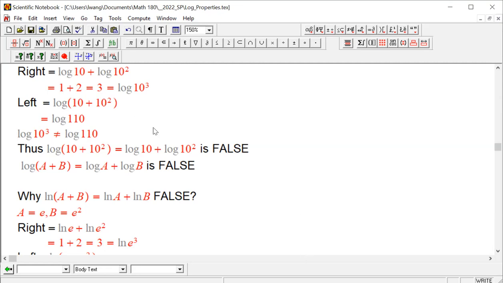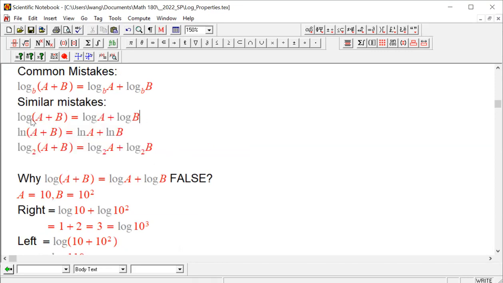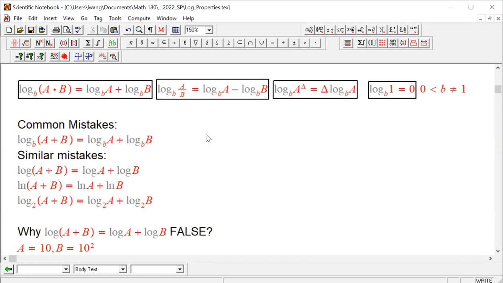So when you encounter such cases, you have a second thought about what you're going to do, or at least you say, you know what, I should check if that's true. If you can find a counterexample, that's a good start, because then you will not make those mistakes. The second common mistake is this.